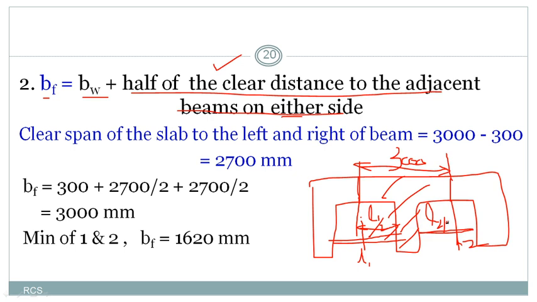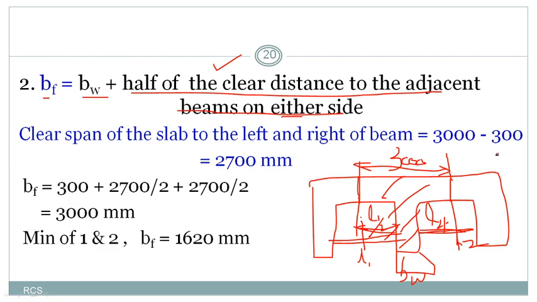But to calculate this, we should know the L1 value and L2 value. But we know the center to center distance between them, in which BW is included. So for calculating this, what do we do? The total is 300 for BW. If we deduct this width, we get L1 by 2 plus L2 by 2.